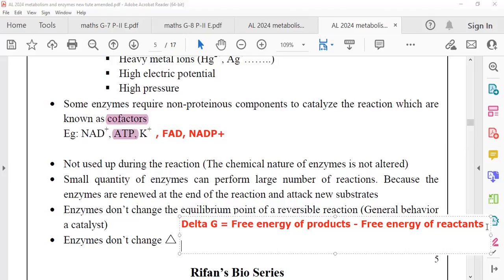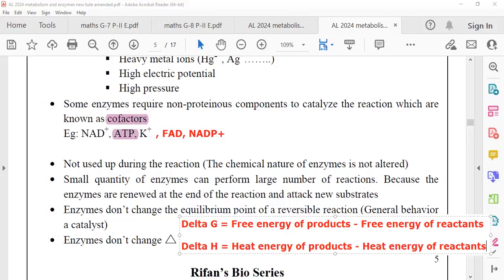Yes, sir. Are you clear what I told you? With or without enzyme, it will not change. Delta H means heat energy of products minus heat energy of reactants.